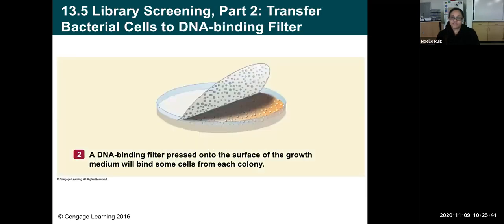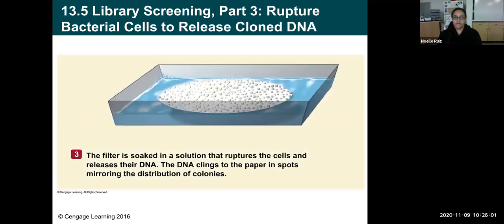A DNA binding filter pressed onto the surface of the growth medium will bind some cells from each colony. The filter is soaked in a solution that ruptures the cells and releases their DNA.